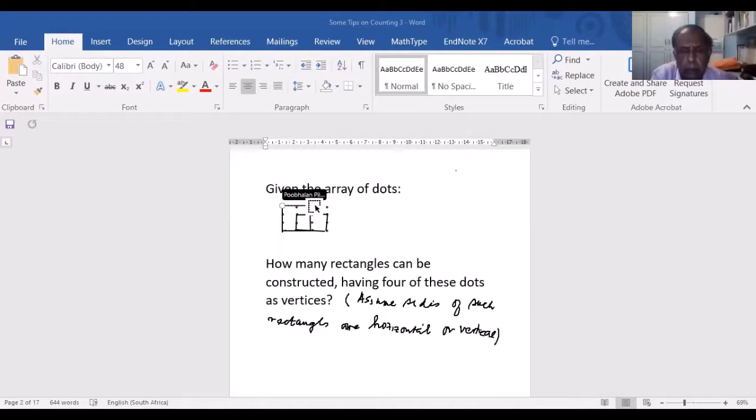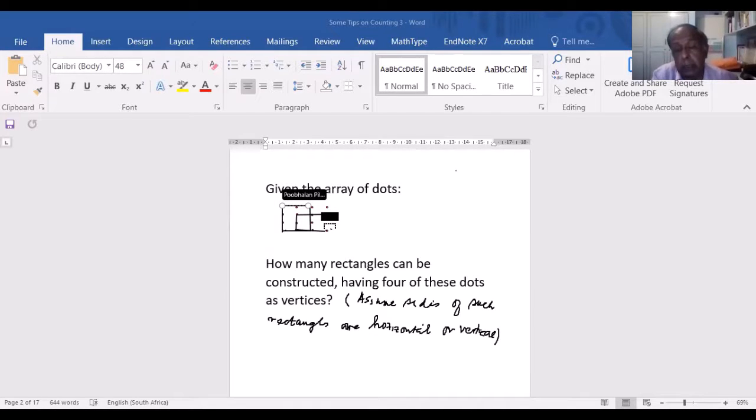You have to choose those 2 and those 2. And then you have to choose the columns. So you have to choose 2 columns from 4 and 2 rows from 4.